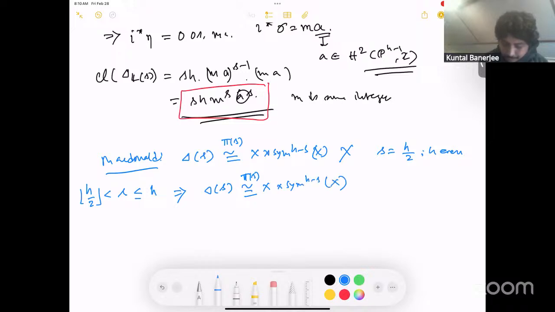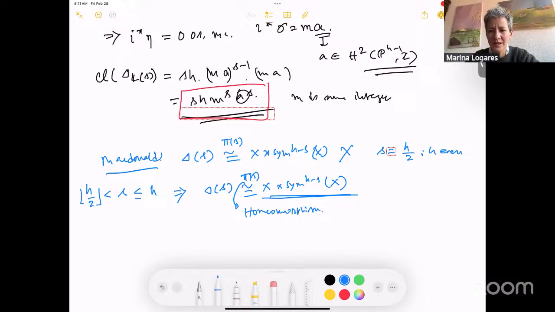But I do not know if it is going to be a biholomorphism. I do not know that. If that happens, then everything is controlled by this. But otherwise it is quite difficult to understand. I see. Okay.